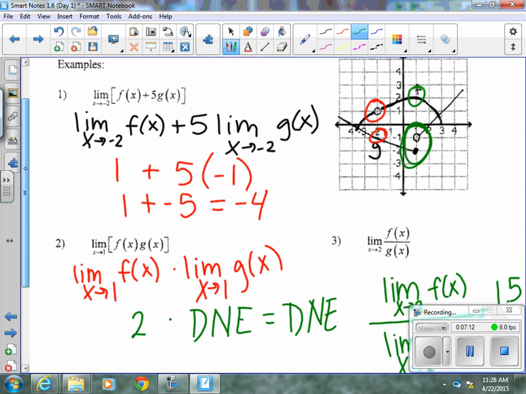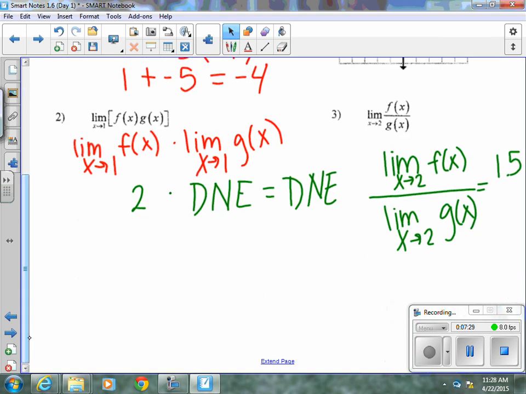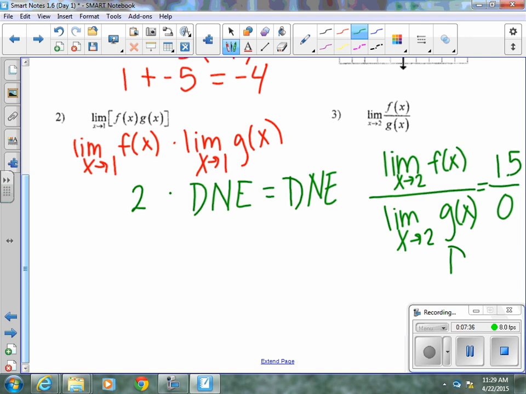If you're not sure where that came from, look at this value. We're approaching 2 from both directions, and it's approximately 1.5. Approaching 2 on g of x gives you 0. 1.5 divided by 0 is not possible, therefore the limit does not exist.